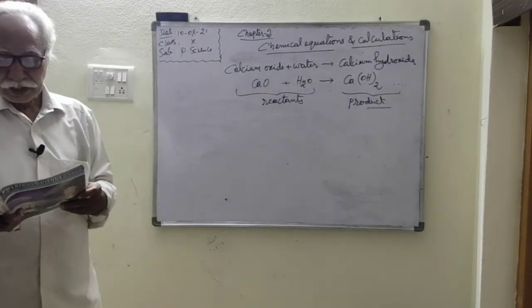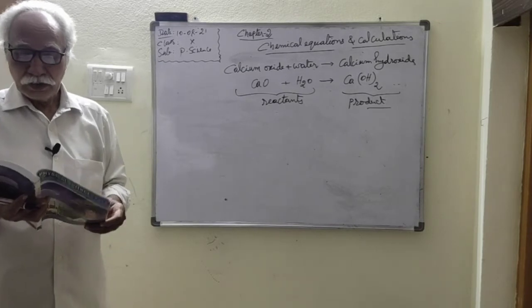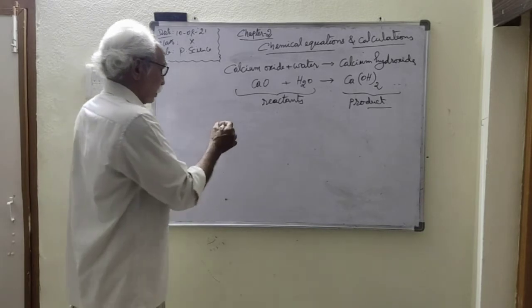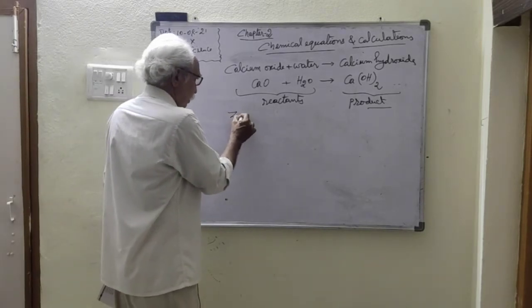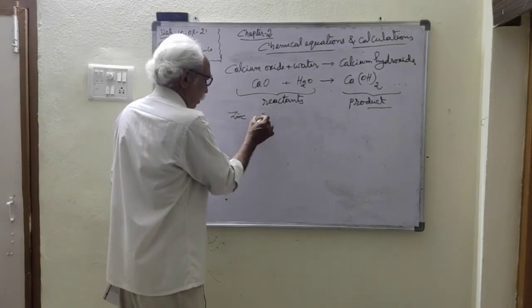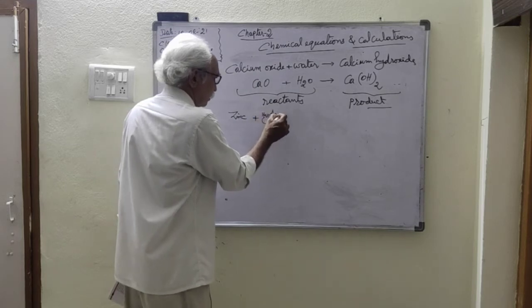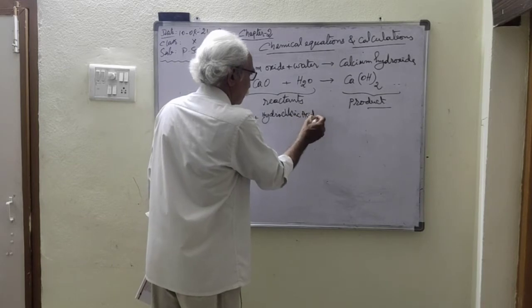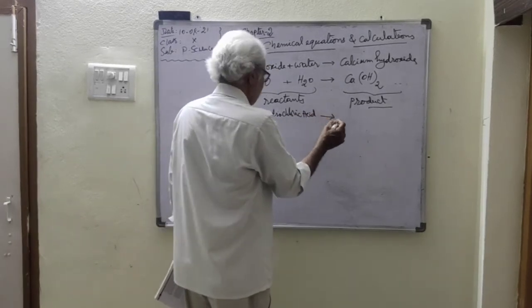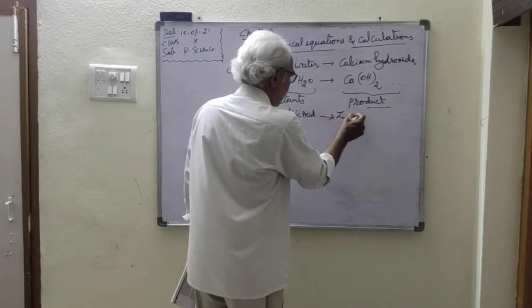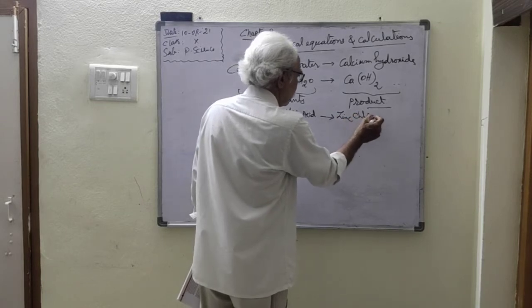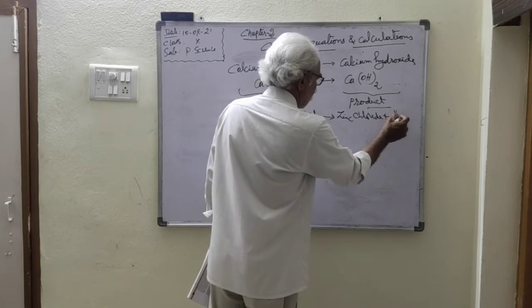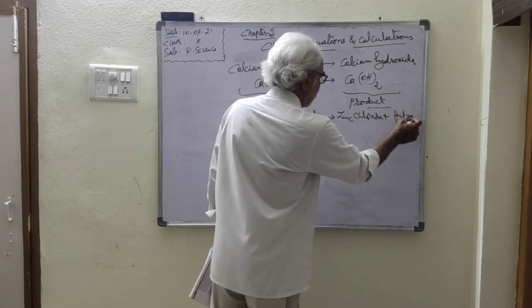So write a chemical equation for this reaction. Zinc reacts with hydrochloric acid, producing zinc chloride plus hydrogen.